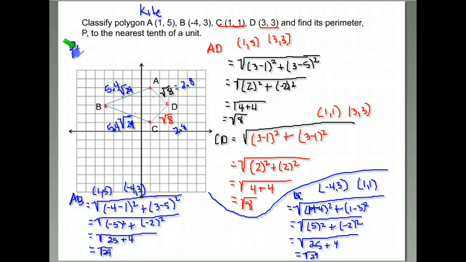To find the perimeter, we add the sides together. Okay, so my perimeter is going to be 2.8 plus 2.8, which you could write as 2.8 times 2 if you want, and then plus 5.4 and another 5.4. Again, you could write that as 2 times 2.8 plus 2 times 5.4.